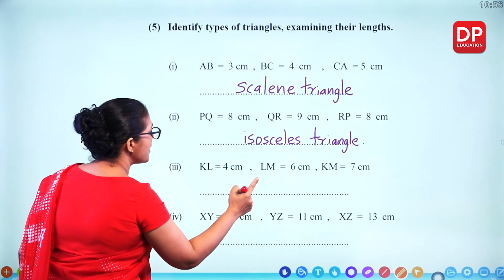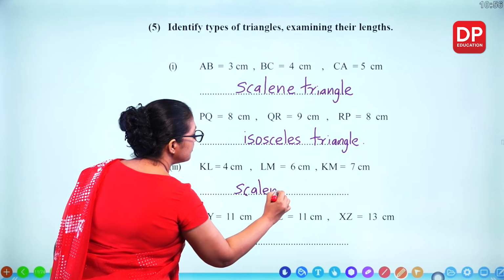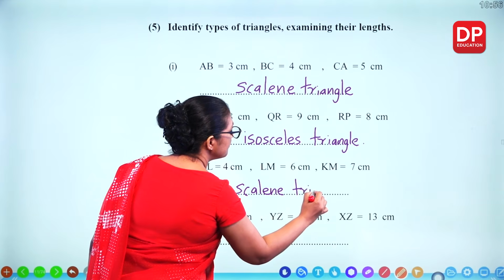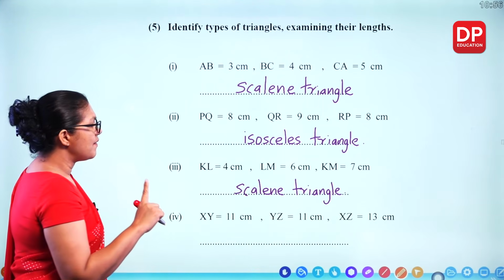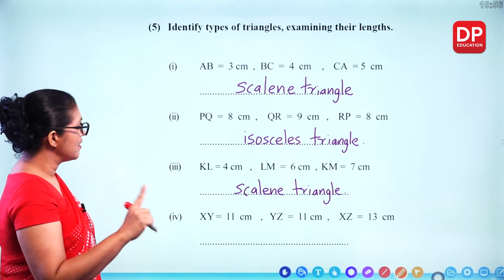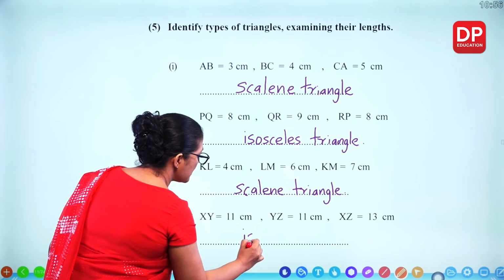All three are different. Scalene. 11, 11, 13. Two lengths are equal. That's isosceles.